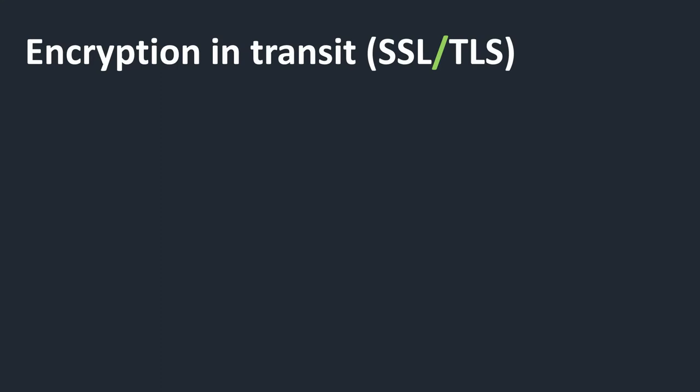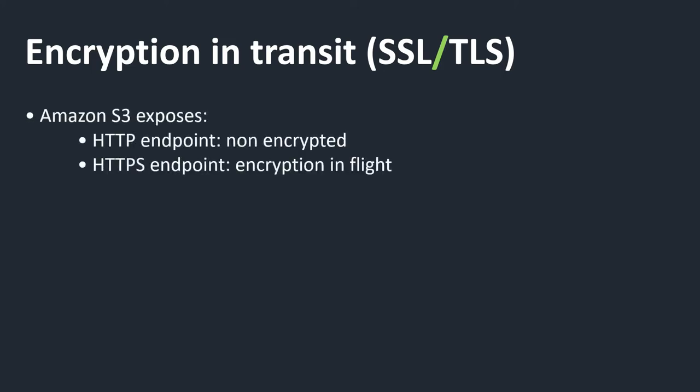And I also want to cover encryption in transit in this lecture, and I will make it very clear what it is. That's around SSL and TLS connections. Amazon S3 is a service that exposes an HTTP endpoint, which is not encrypted, and it exposes an HTTPS endpoint, which is encrypted and provides what's called encryption in flight, which relies on SSL and TLS certificates.